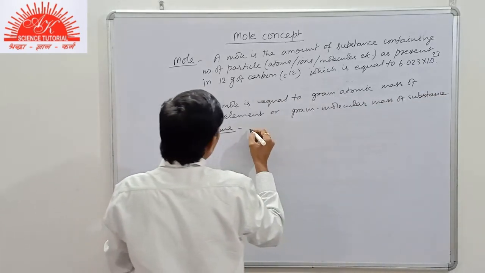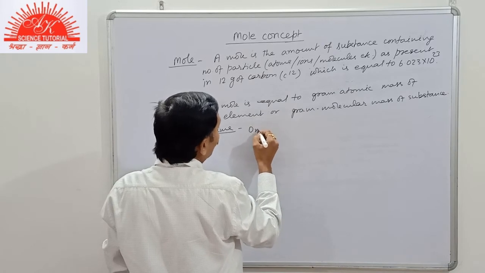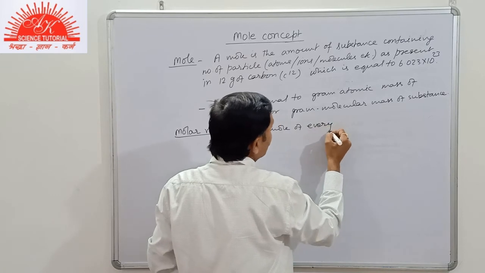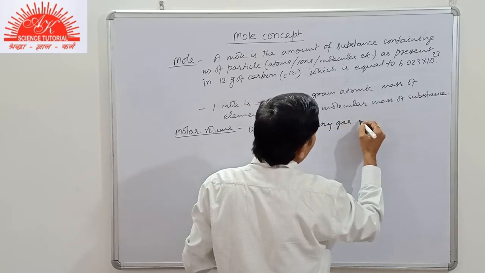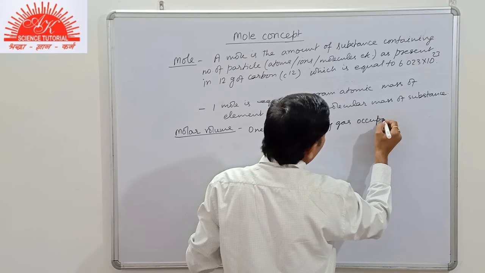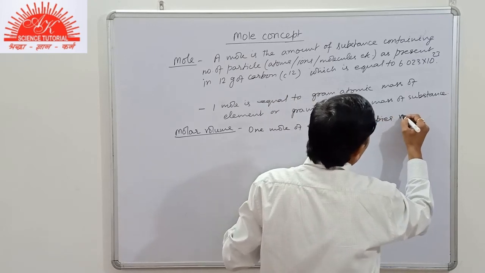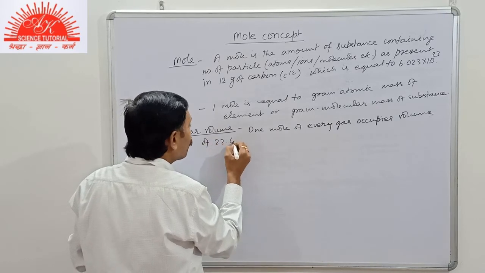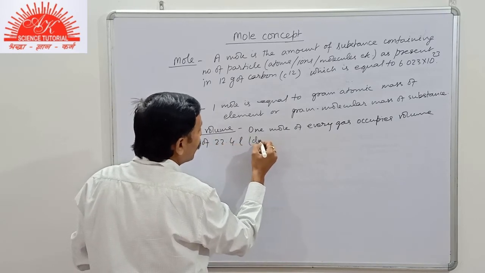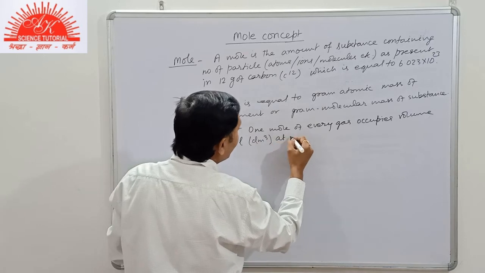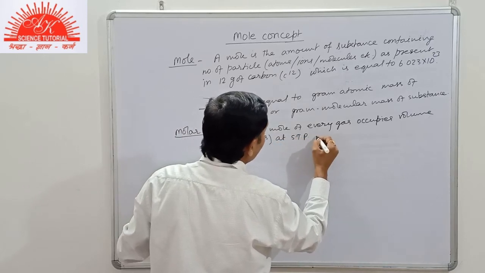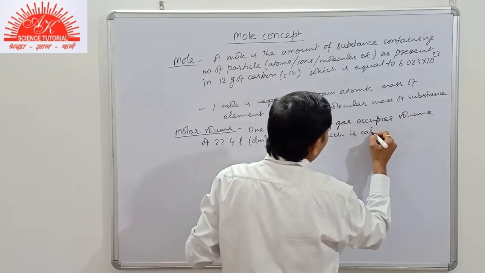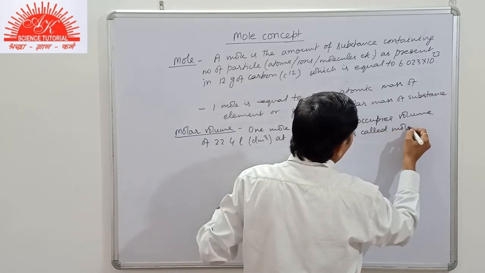So we can define that 1 mole of every gas occupies volume of 22.4 liter or dm cube at STP, which is called molar volume.